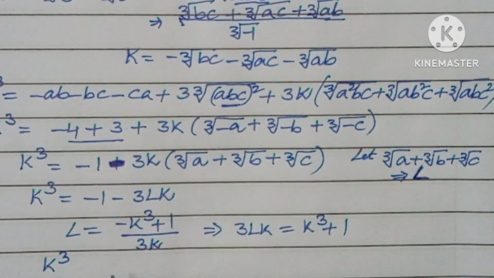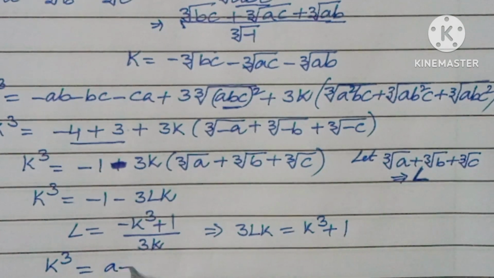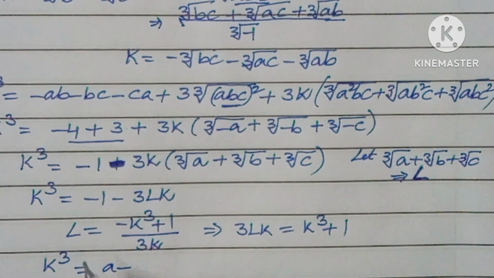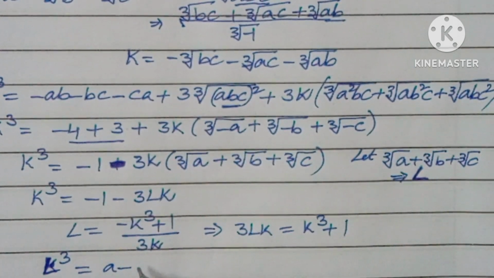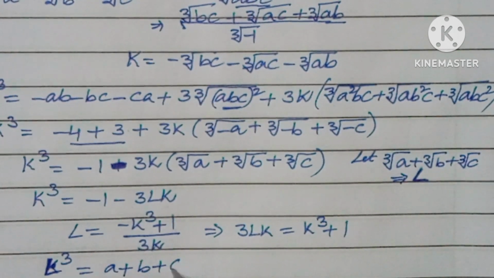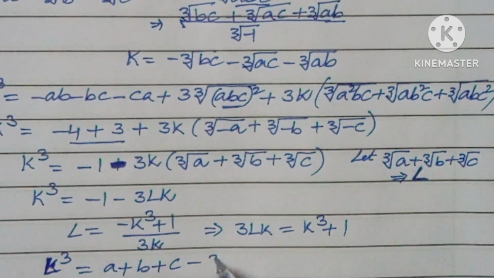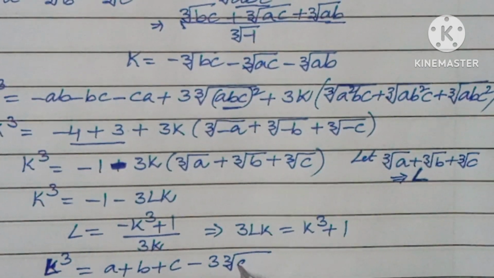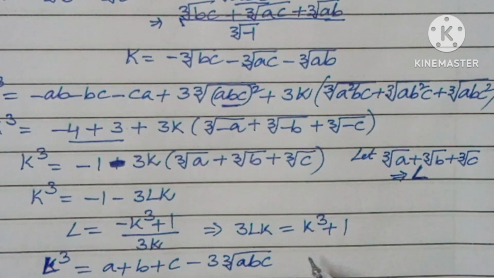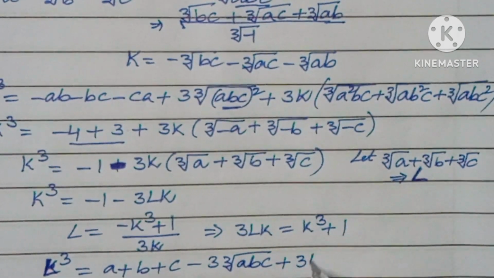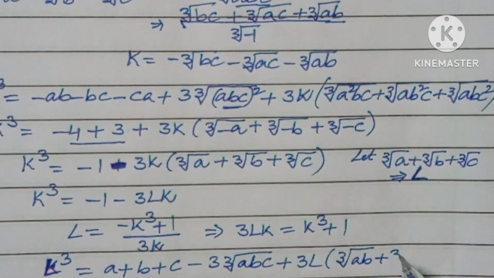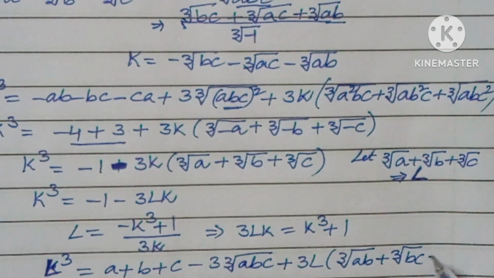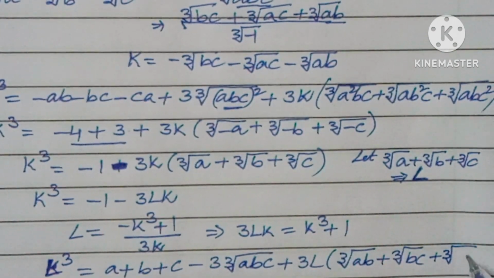Now K cube is equal to, so here you can take L cube. L cube is equal to A plus B plus C minus 3 cube root of ABC plus 3L into cube root of AB, cube root of BC, cube root of CA.